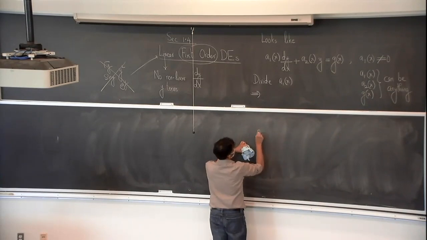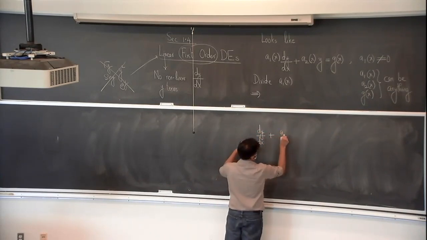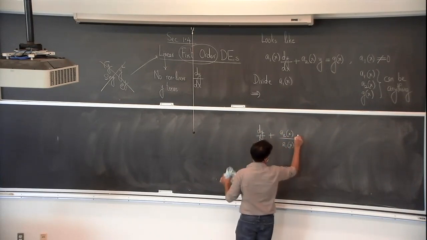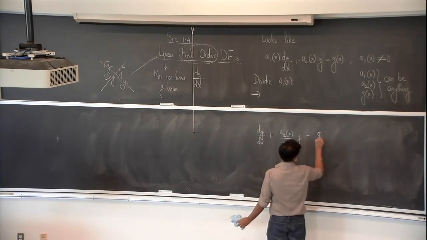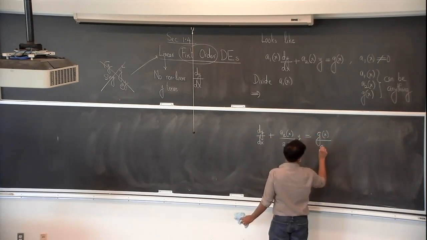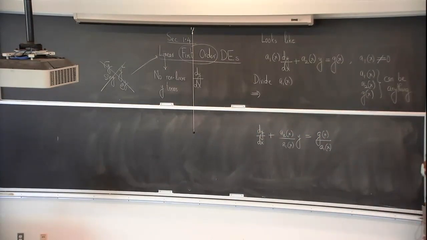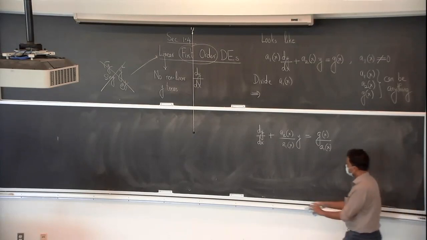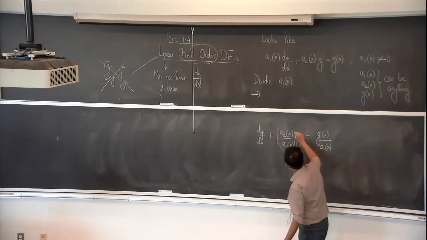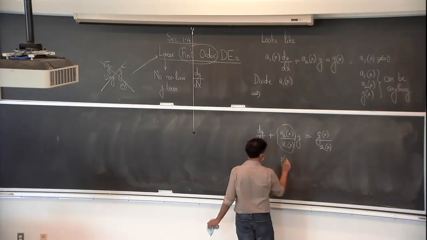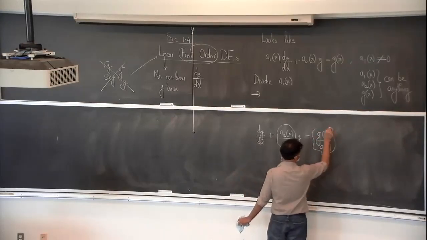So we have dy dx plus a2 of x over a1 of x times y equal to g of x over a1 of x. You can call this ratio some function p of x, and this one some other function, say q of x.